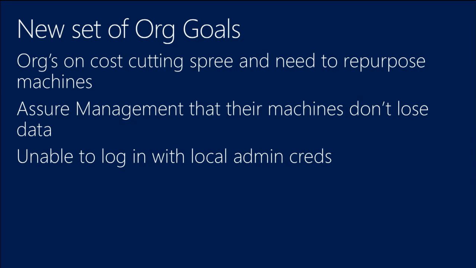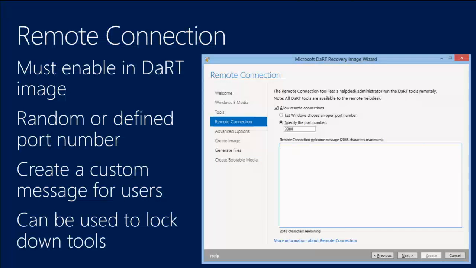And you want to be able to do this because these machines are, I don't know, 200 miles away, 500 miles away, 5,000 miles away in one of your other offices. Now, the secretary can go over and plug them in and turn them on, but you need to be able to do something about it. So the solution for this is to use Remote Connection.